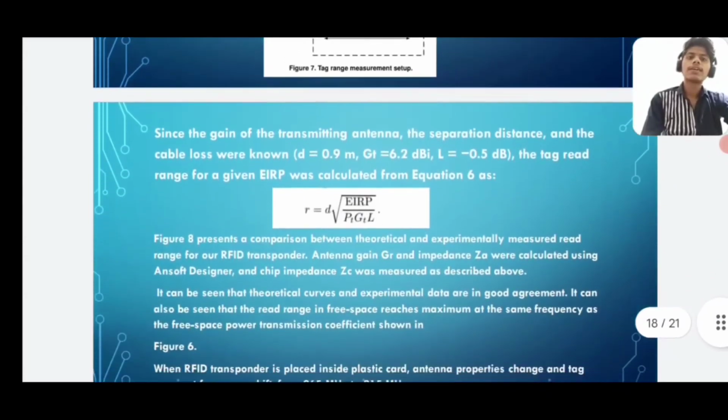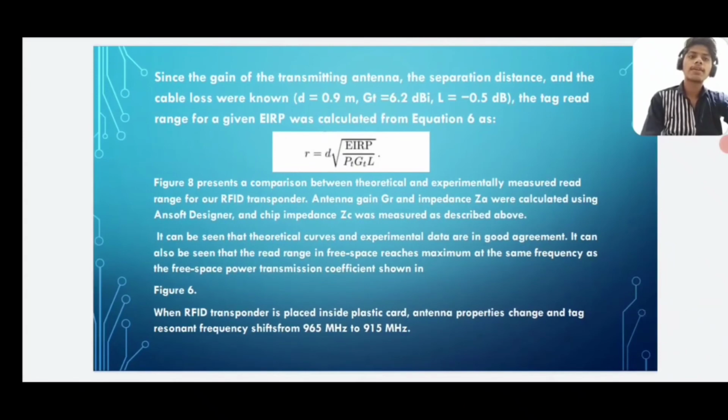Since the gain of the transmitting antenna, the separation distance and the cable loss were known, the tag read range for a given EIRP was calculated from the equation R is equal to d times the square root of EIRP by PT GT L. Figure 8 presents a comparison between the theoretical and experimental read range for the RFID transponder.